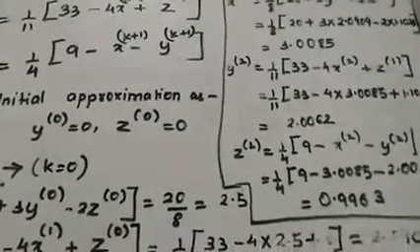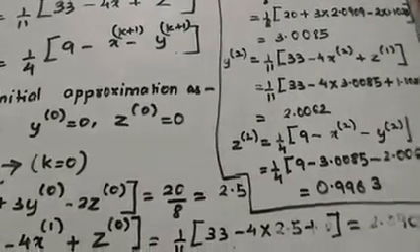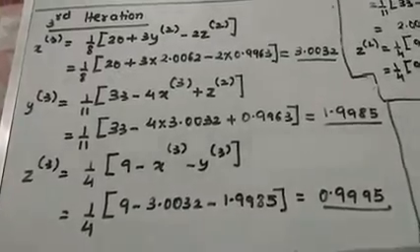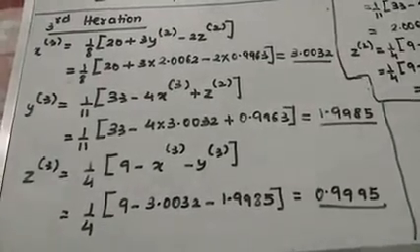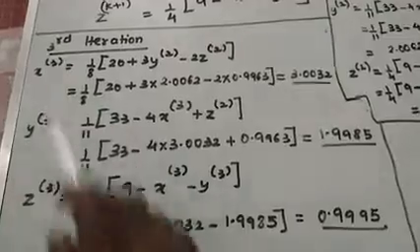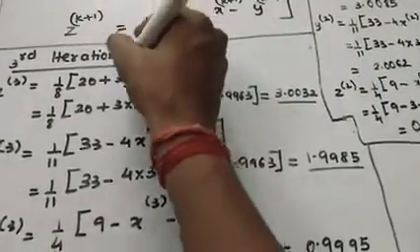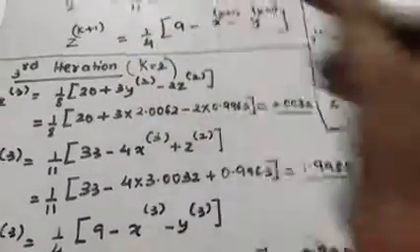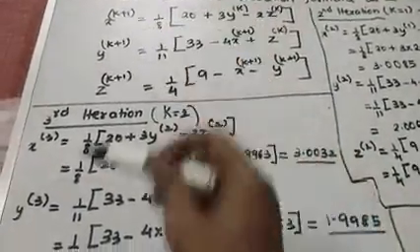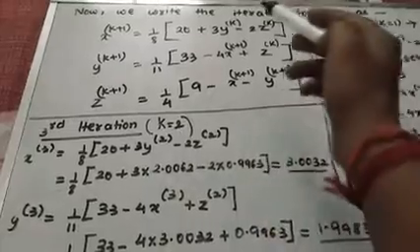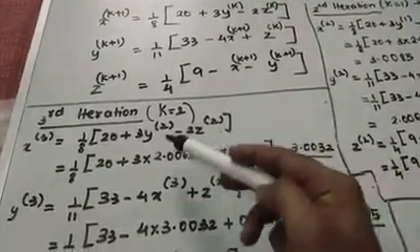Now next step, we have to find the third iteration. I just did the rough calculation. So third iteration, that is x3, you can see that by using the same formula, putting k equals to 2, that is 2 plus 1 is 3, using the same formula, in place of k putting 2, that is y2 and z2.